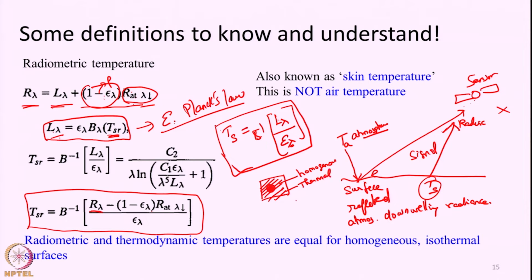Let us say its temperature is not changing, thermal equilibrium and isothermal conditions. Under such circumstances only, the radiometric temperature we measure from remote sensing will be equal to the true thermodynamic temperature that you measure with the thermometer. So, these are very stringent conditions.